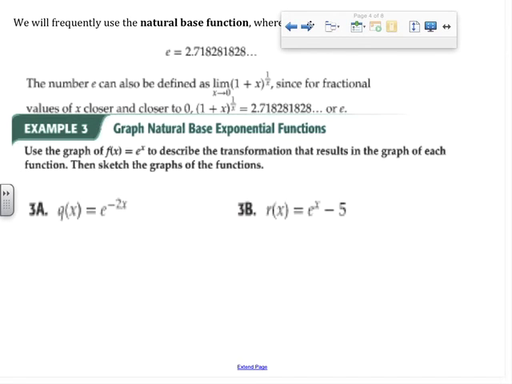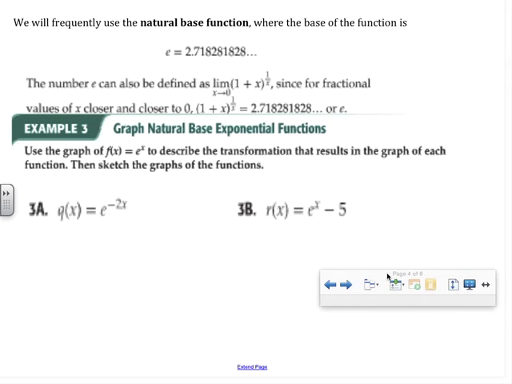A lot of times the exponential function e to a power is important to us. The main thing you want to know about e is that it's used when we're talking about an interest rate or a decay, something either growing continuously or decaying, being compounded continuously or decaying continuously.